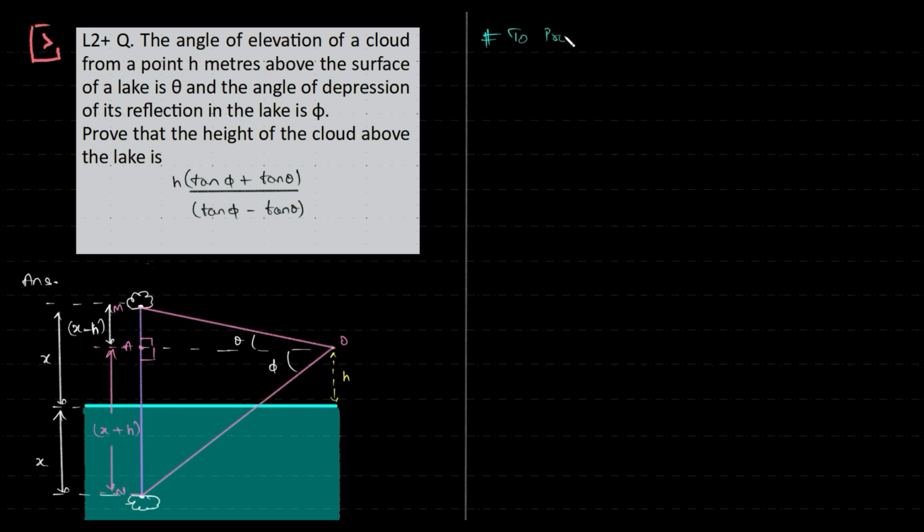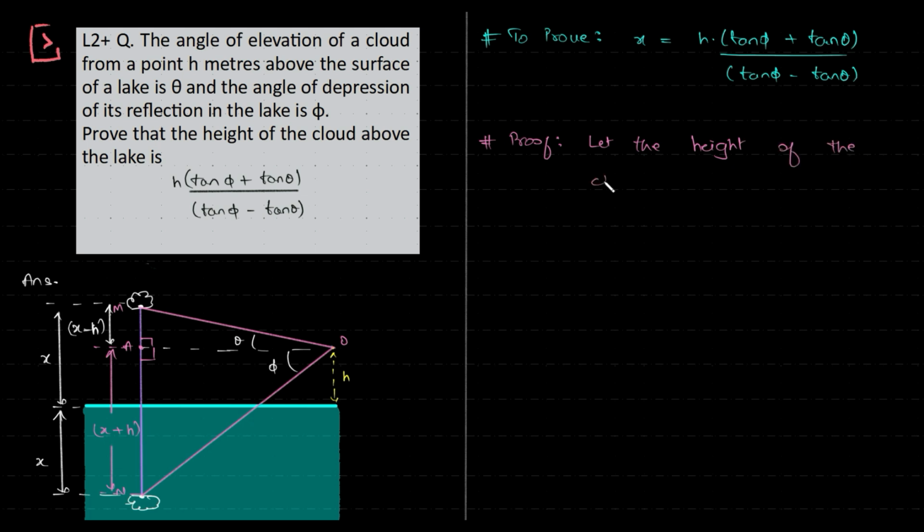Now to prove x is equal to h times tan phi plus tan theta, entire thing divided by tan phi minus tan theta. We'll start off with a proof. Let the height of the cloud above the lake be x.